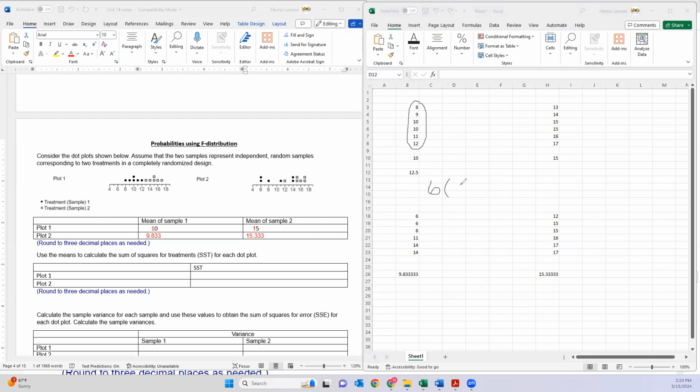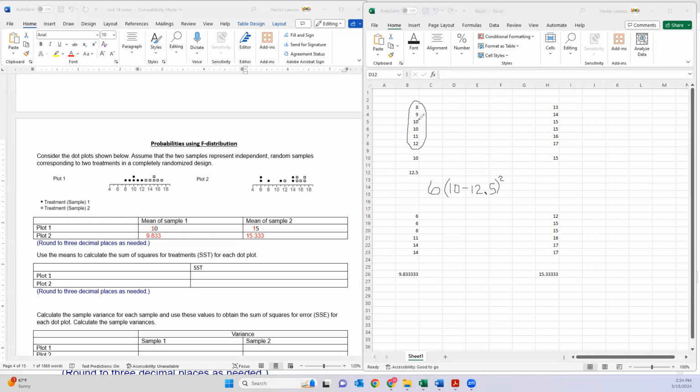And then here I'm going to say the average of plot of sample 1, which was 10, minus the average of the whole plot. So again, here my average of the whole plot is 12.5. Close parentheses and square.